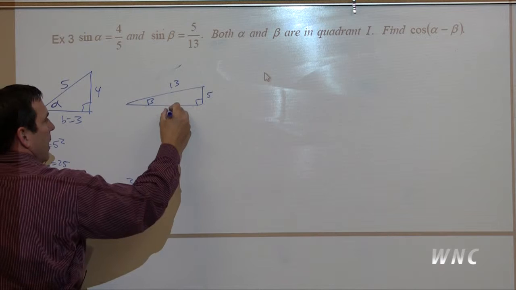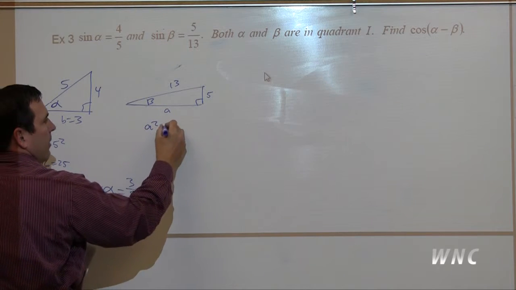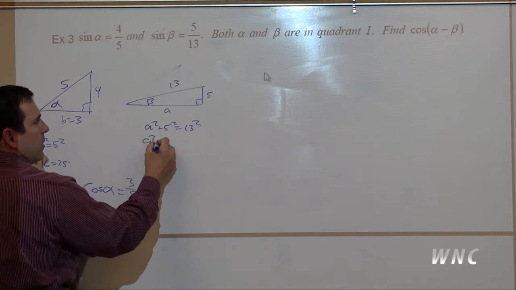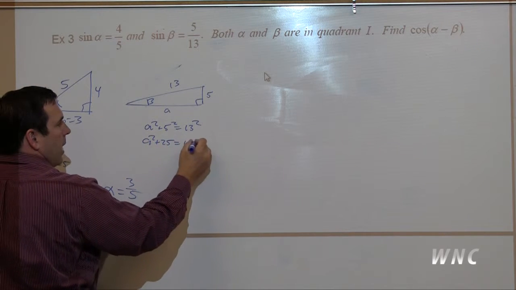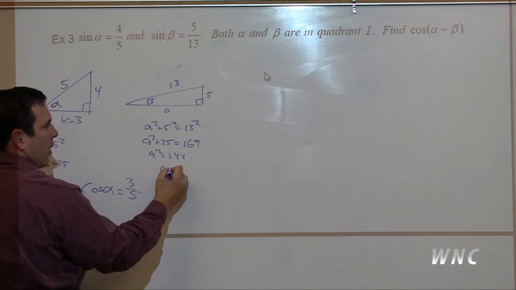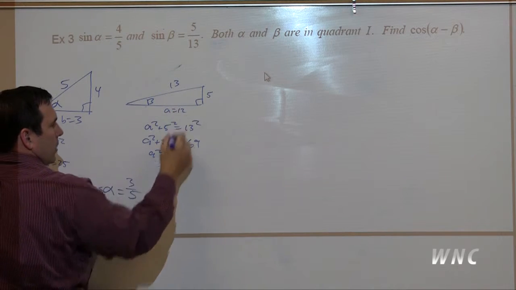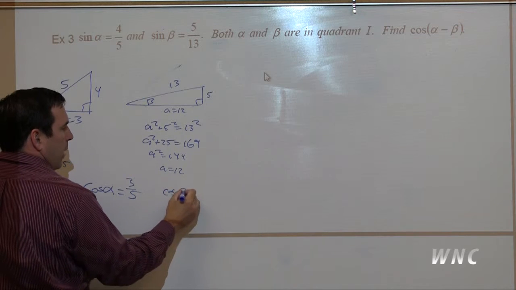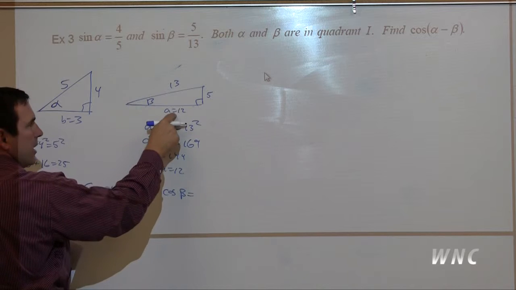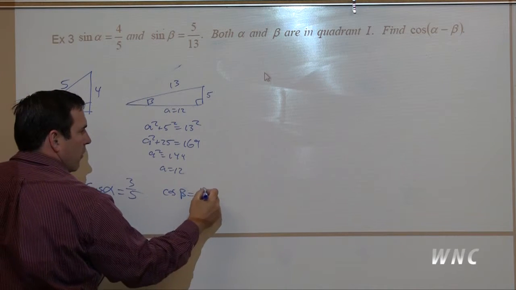We call this side A. A squared plus 5 squared equals 13 squared. A squared plus 25 is 169, so A squared is 144 and A is 12. So cosine of beta would be the adjacent side over the hypotenuse, 12 over 13.